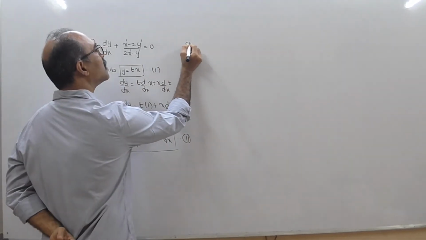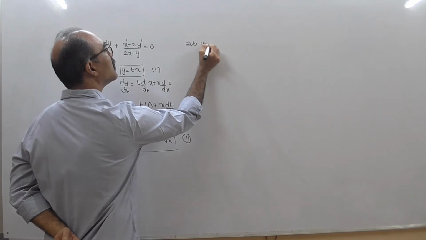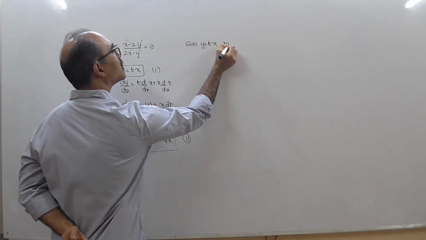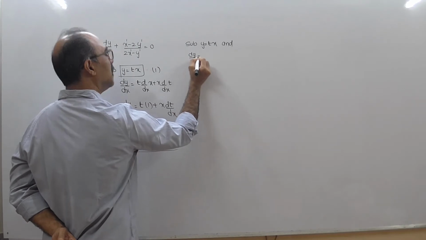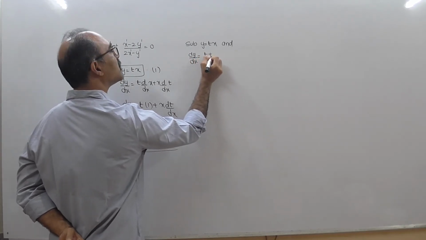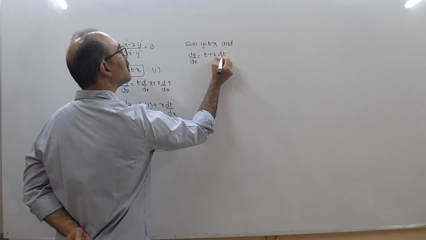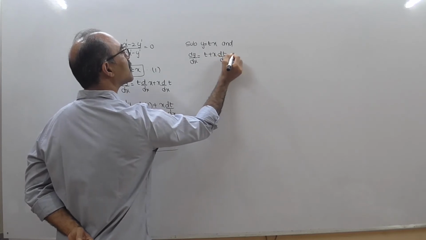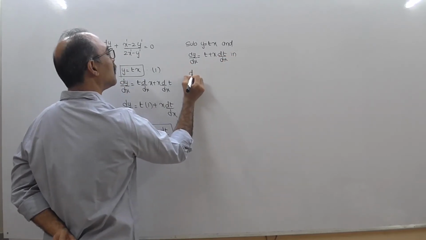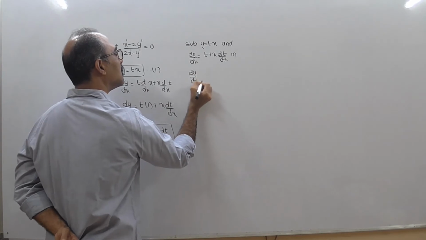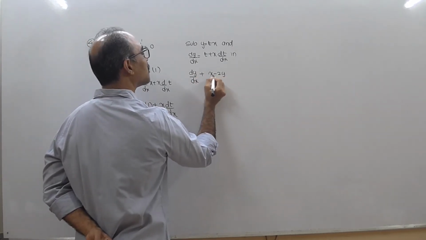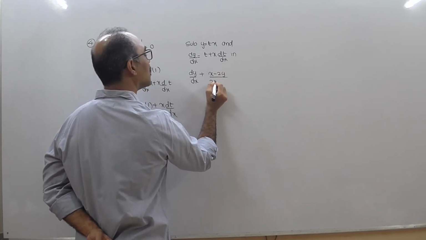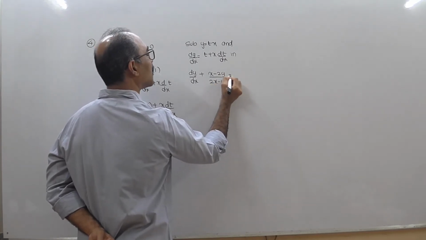Now what we will do is, we will substitute y equal to tx and dy by dx equal to t plus x dt by dx in the question. What is the question? dy by dx plus (x minus 2y) upon (2x minus y) equal to 0.